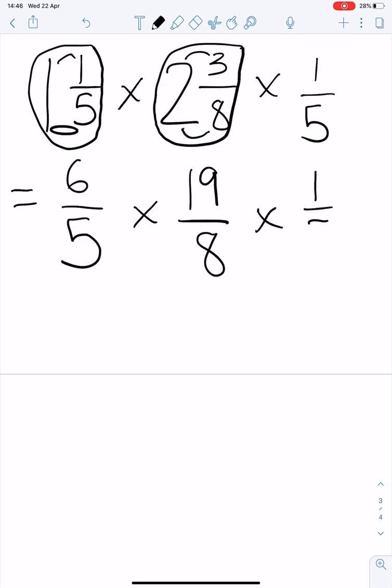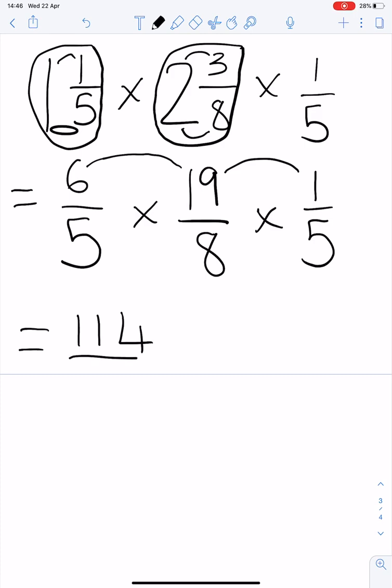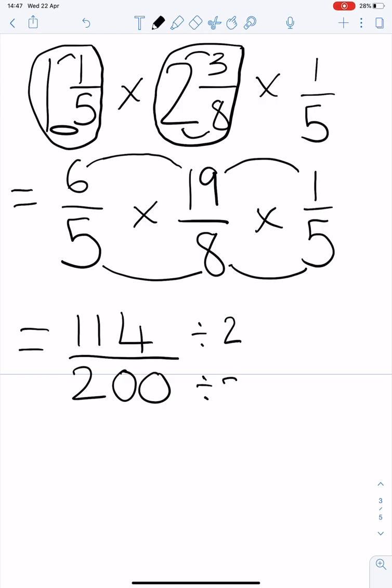And our 5th stays the same. We can now go ahead and multiply. 6 times 19 is 114, and 114 times 1 is still 114. 5 times 8 is 40, and 40 times 5 is 200. We need to simplify this by dividing top and bottom by 2, and we get 57 over 100.